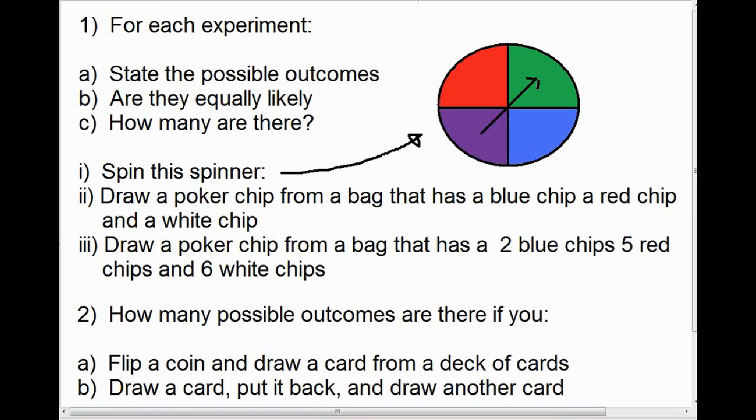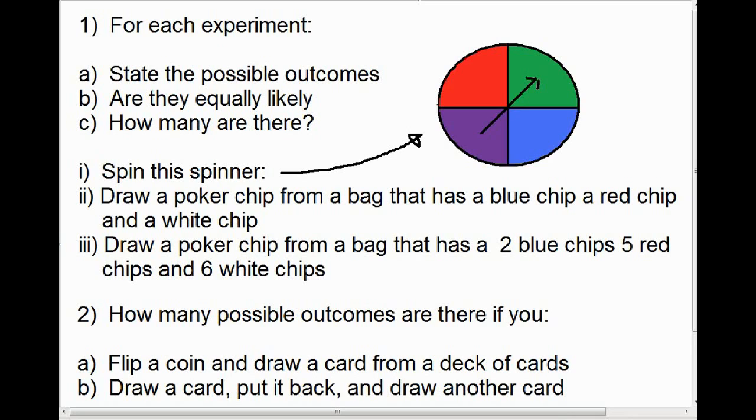So to finish off our lesson on possible outcomes, I'm going to ask you to answer a couple of questions here. For question number 1, for each of the 3 experiments, do 3 things. State what the possible outcomes are, answer whether or not they're equally likely, and then state how many there are. So for the first one, you spin that spinner; the second one, you draw a poker chip that's in a bag that just has 1 blue chip, 1 red chip, and 1 white chip.